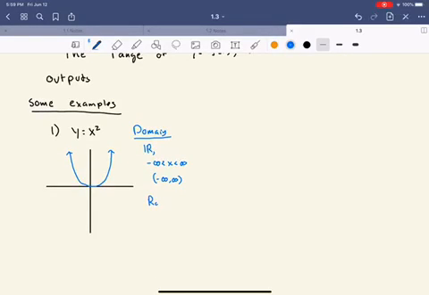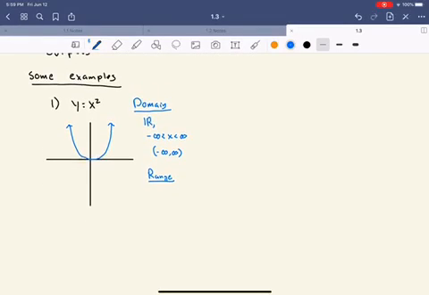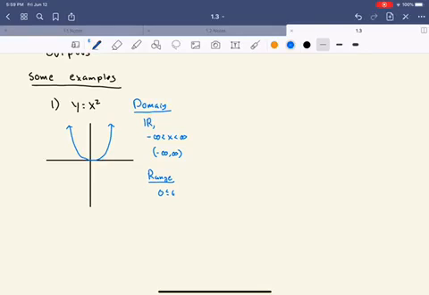The range here is going to be y goes from 0 to infinity. Okay? Keep in mind the difference between the brackets and parentheses.